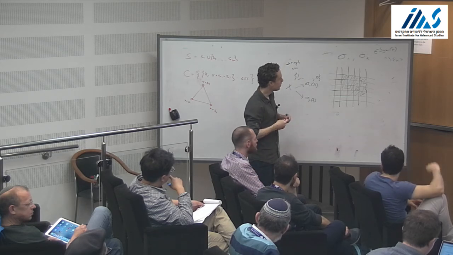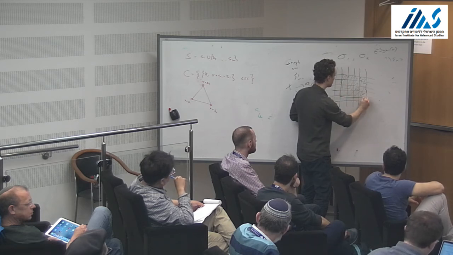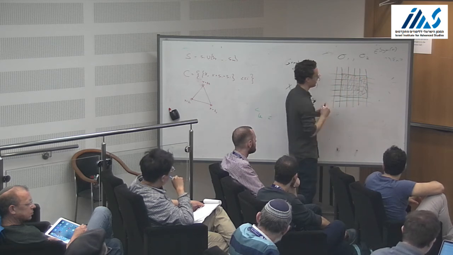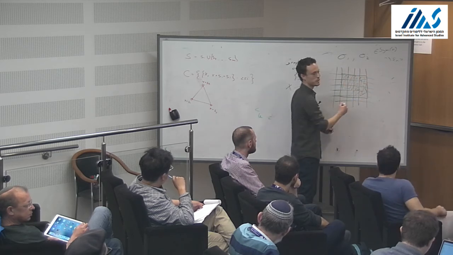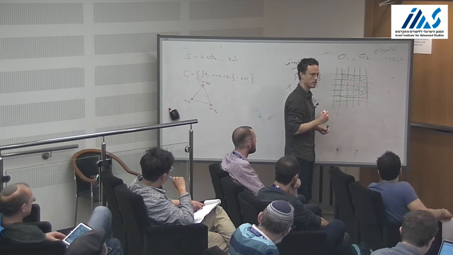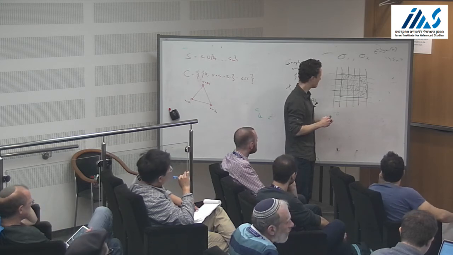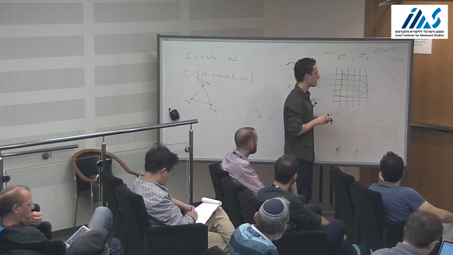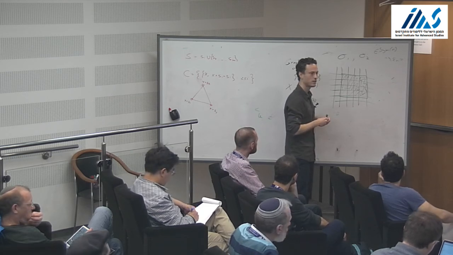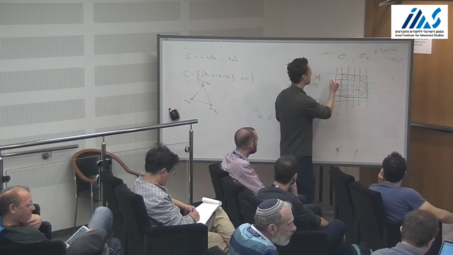So what I can do, I can take just a square in this grid, and because it has very small isoperimetric constant, I mean, these are the vertices.